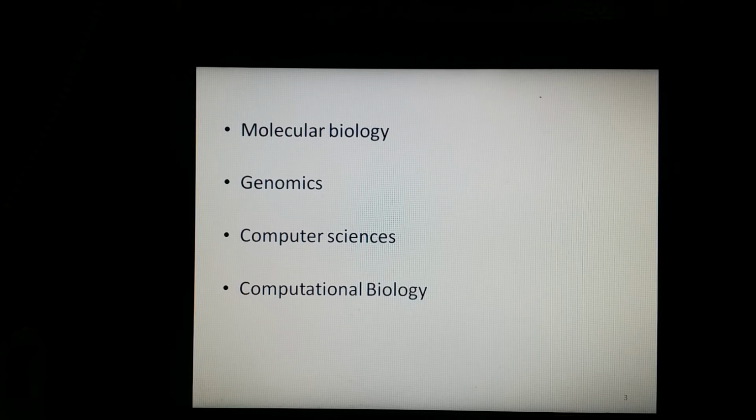Then you have computer science. Computer science is another completely different field from molecular biology and genomics. It is basically the study of theory, experimentation and engineering that form the basis for the design and use of computers.